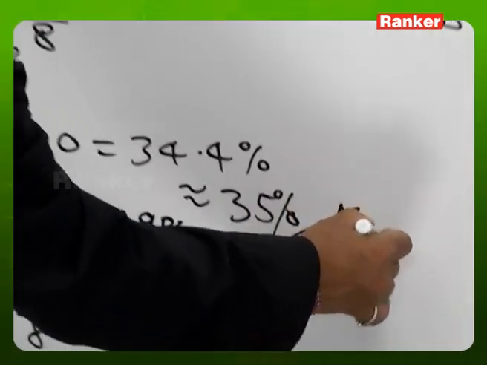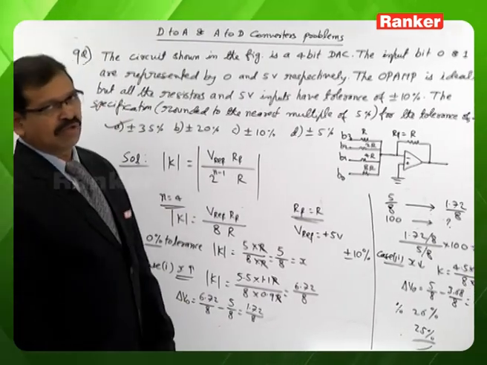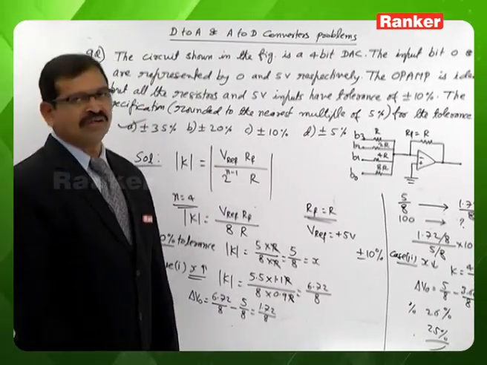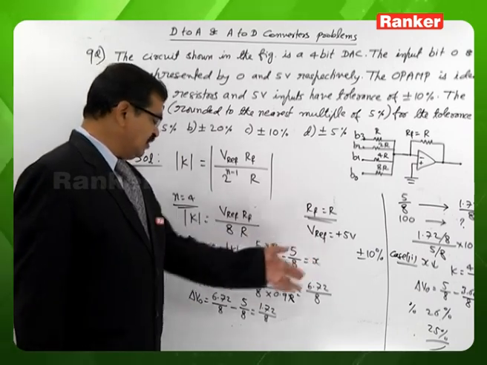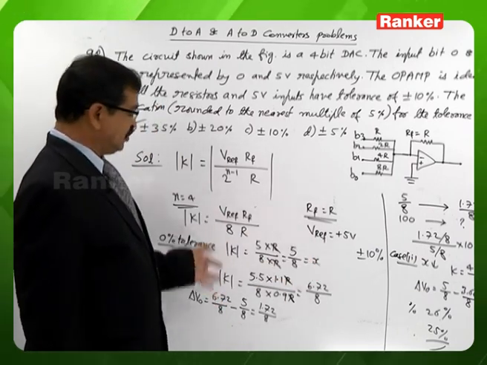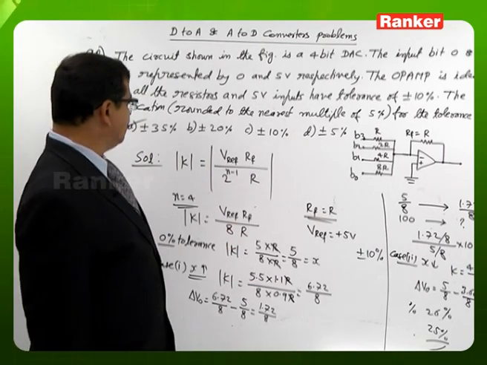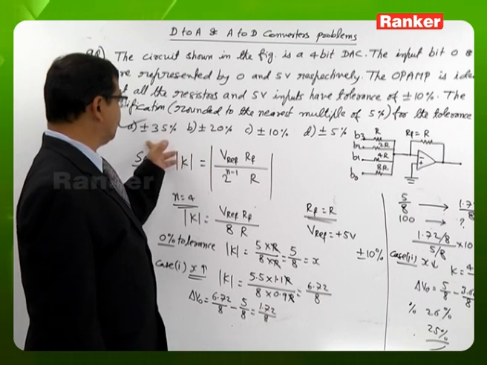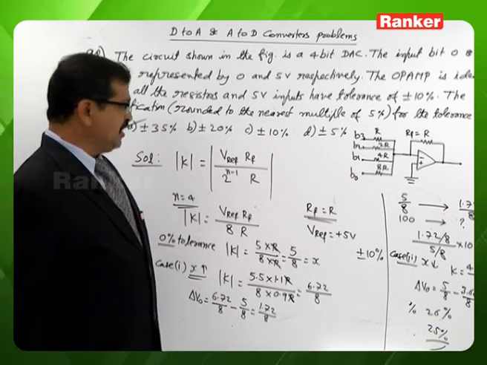Hence, the answer will be option A. The worst case is whenever K deviates from the exact value to the higher side, then it is going to be the maximum tolerance. So the maximum tolerance for this 4-bit digital to analog converter is 35%. Hence option A is the answer.